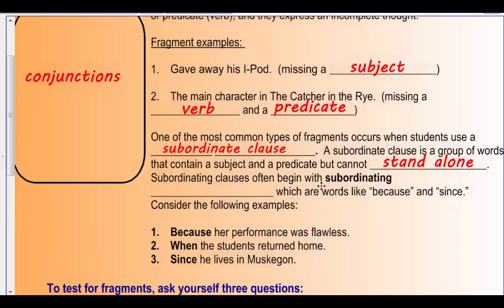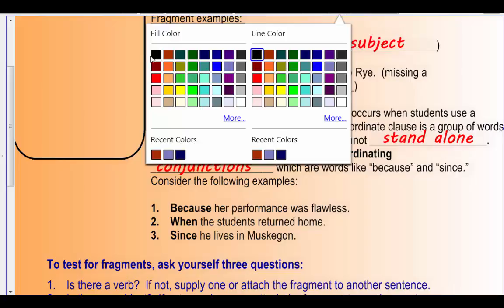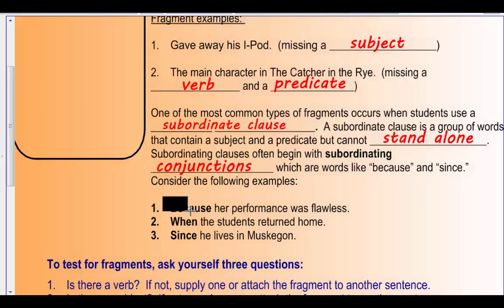Subordinating clauses often begin with a subordinate conjunction, something that tries to join it to something else. Words like because or since. If we didn't have that word there, it would be a completely good sentence. But because we have the word there, it makes it an incomplete sentence, right? If I just had "her performance was flawless," that would be a complete thought.